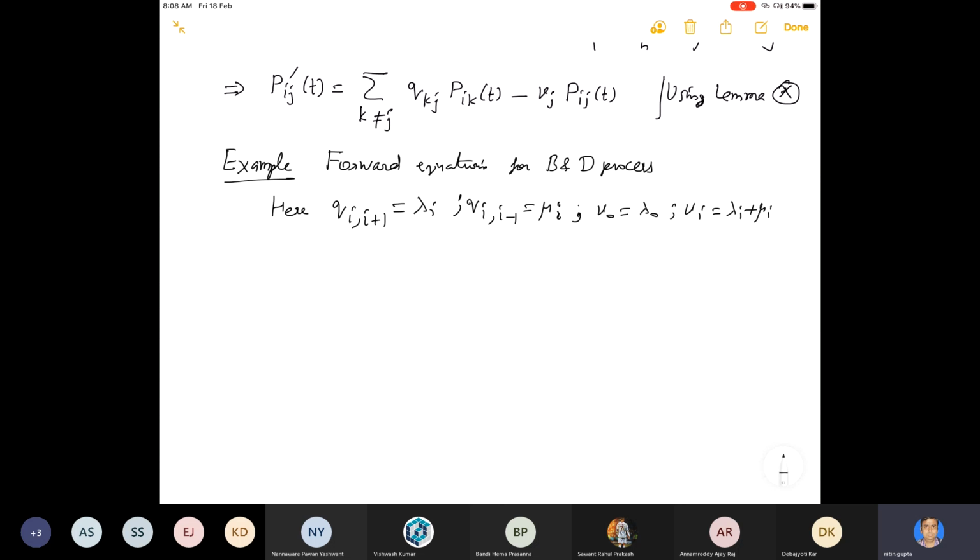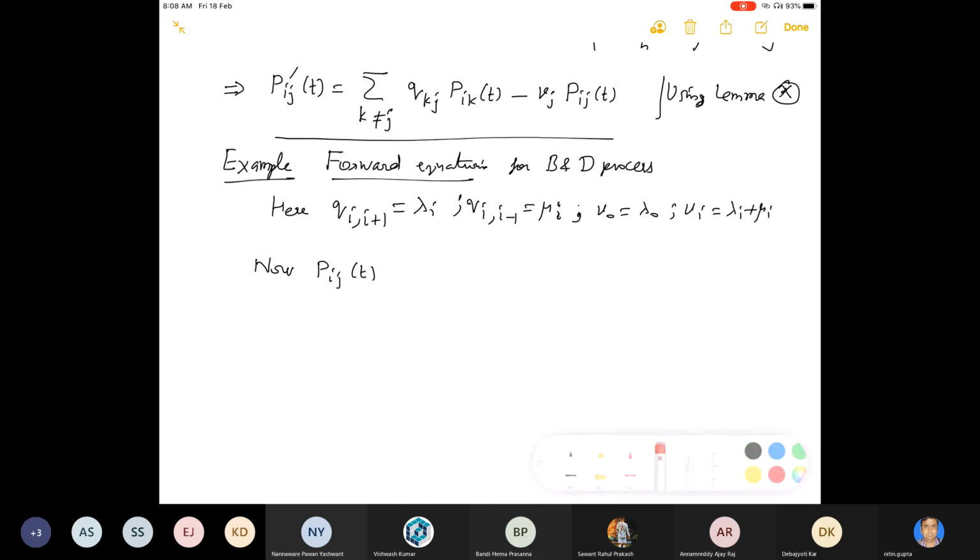So therefore from the forward equation, Pij prime t is as follows.